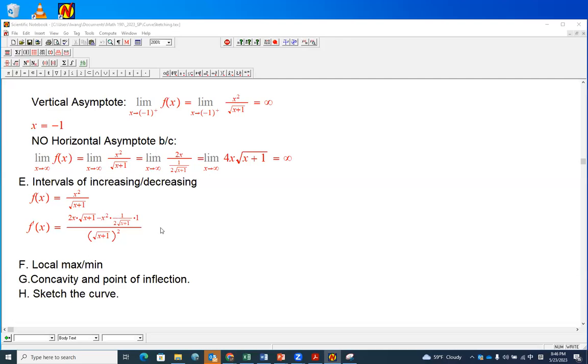All right, so let's simplify this expression. How do we simplify this expression? We obviously have a complex fraction here, and we just use our technique of multiplying by the common denominator. And what is the common denominator here? The common denominator here is 2 times square root of x plus 1, right?